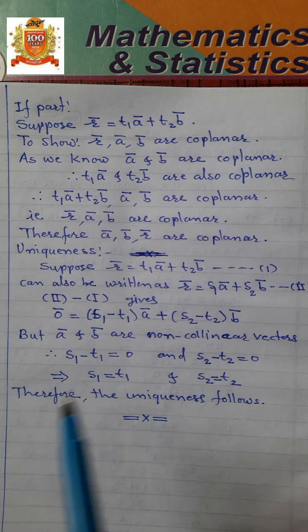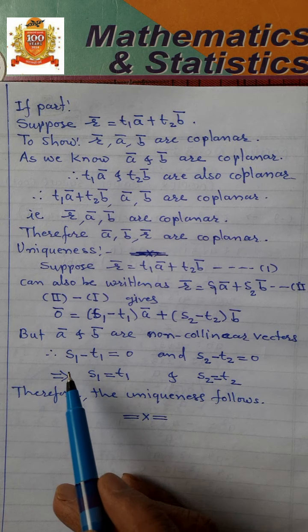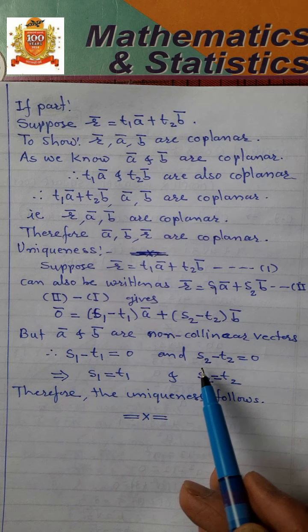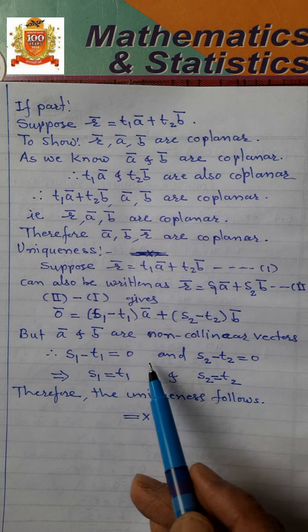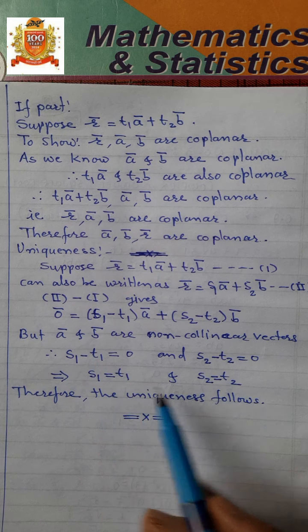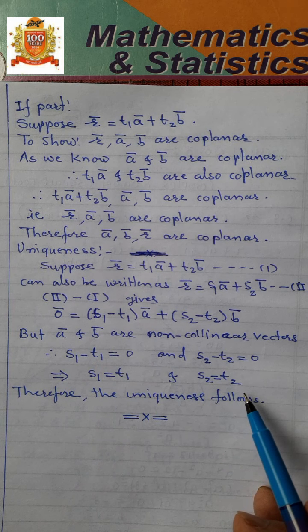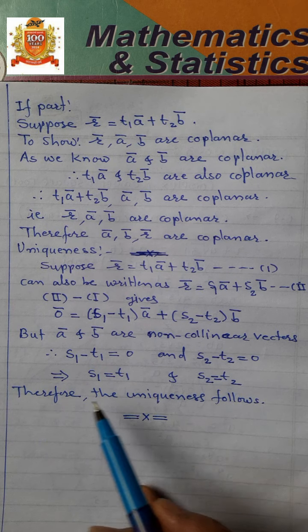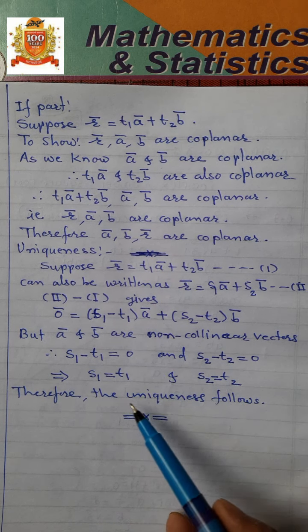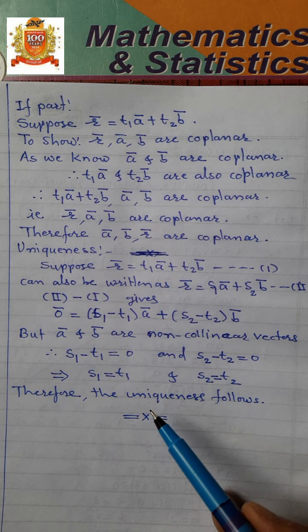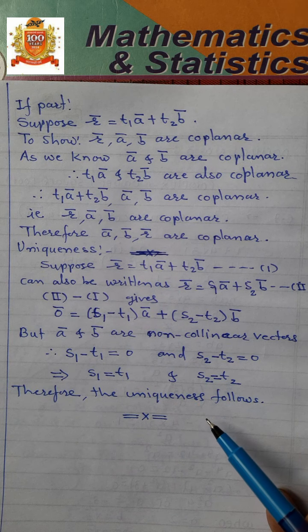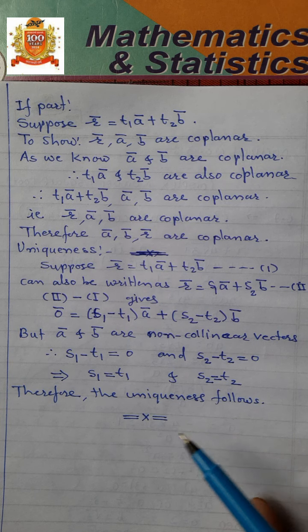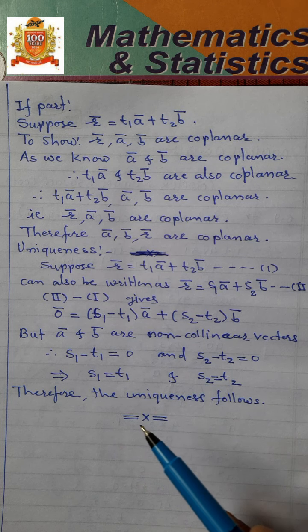Because non-collinear vectors are there, therefore S1 minus T1 is equal to 0 and S2 minus T2 is equal to 0. Transfer T1 to the right side, therefore S1 is equal to T1 and S2 is equal to T2. Thus, the uniqueness of the scalars also follows here, isn't it? So learn this theorem by heart. This is an important theorem.